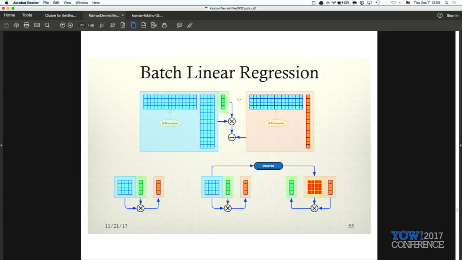Bad practice, by the way, don't invert matrices. But if you had to, you could. And now on the right-hand side, we have concrete numbers, my actual observations. I have the inverse of this little matrix, the model matrix times its transpose. And I get out my estimate of parameters. That's how batch least squares works.